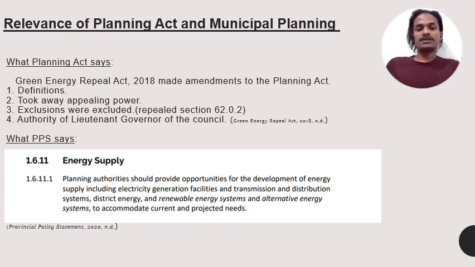Those exclusions were excluded, and the authority of the Lieutenant Governor in Council was changed. These amendments gave a special authority to the Lieutenant Governor in Council to make transition regulations and other things.